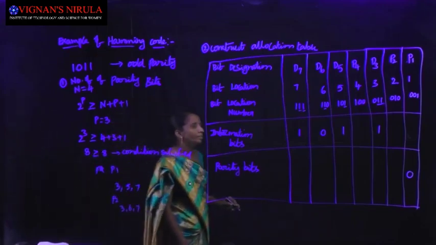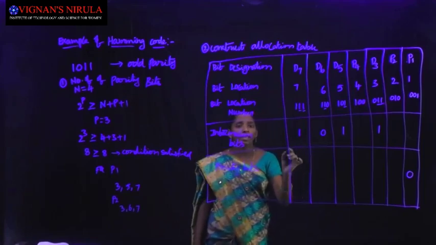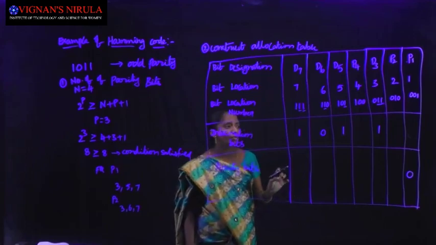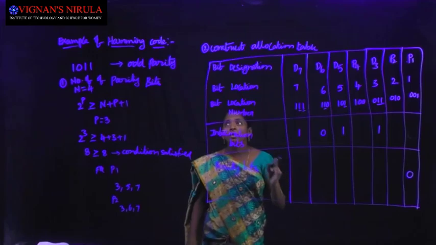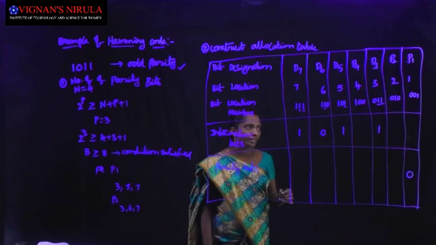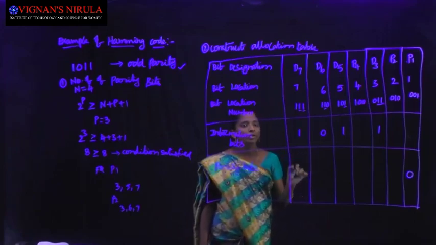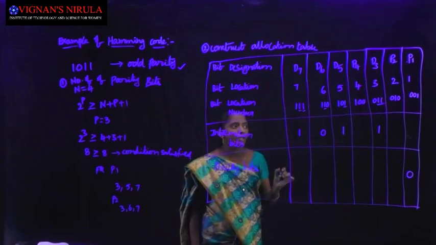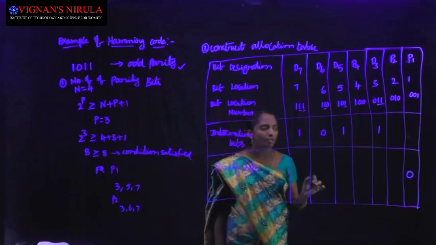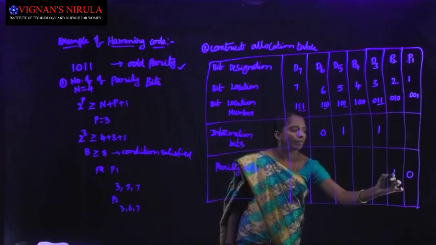At 3 we have 1, at 6 we have 0, and at 7 we have 1. So here we have only 2 ones, but we are assigning odd parity, so it should have an odd number of ones. So the parity bit should be 1. P2 is 1.